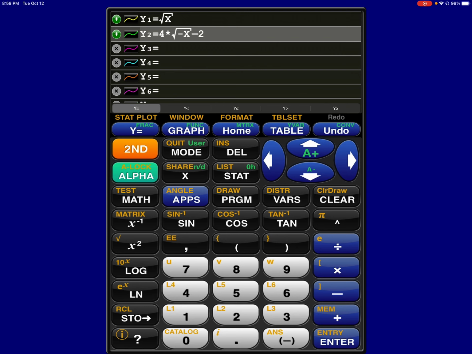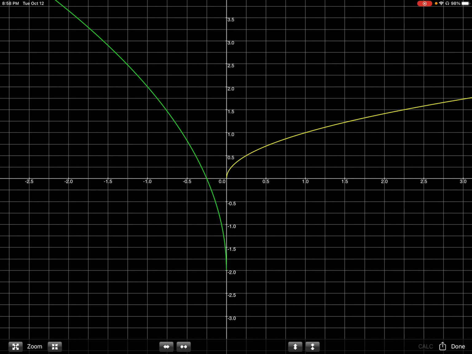All right, so if we graph those, you'll see here the yellow one is our original. And then our green one is the one that has been horizontally flipped, so it's been reflected across the y-axis.